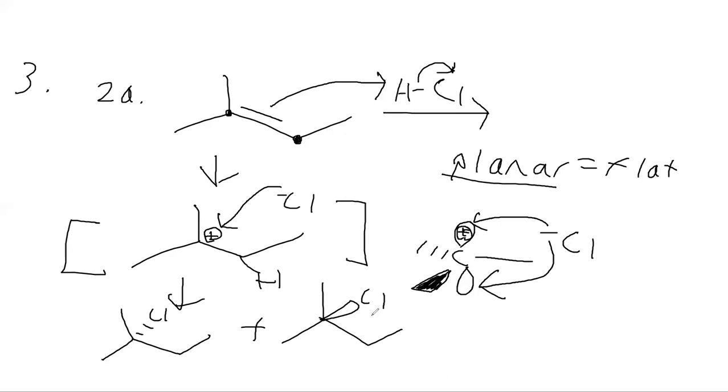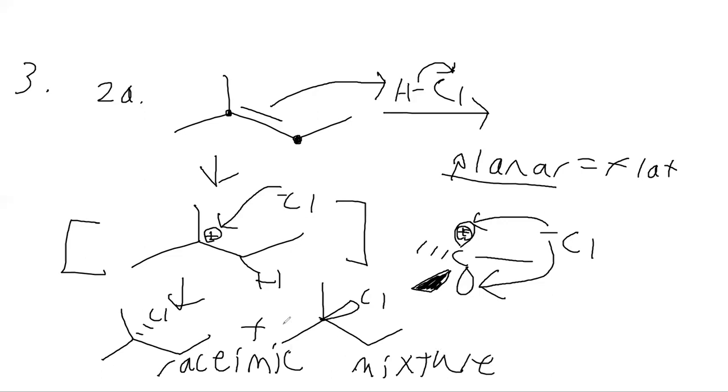You'd get both stereoisomers. These are enantiomers of each other, and you'd get basically a 50-50 mixture of the two. And there's a term for that. It's racemic. I might be spelling it somewhat wrong, but you get a racemic mixture.